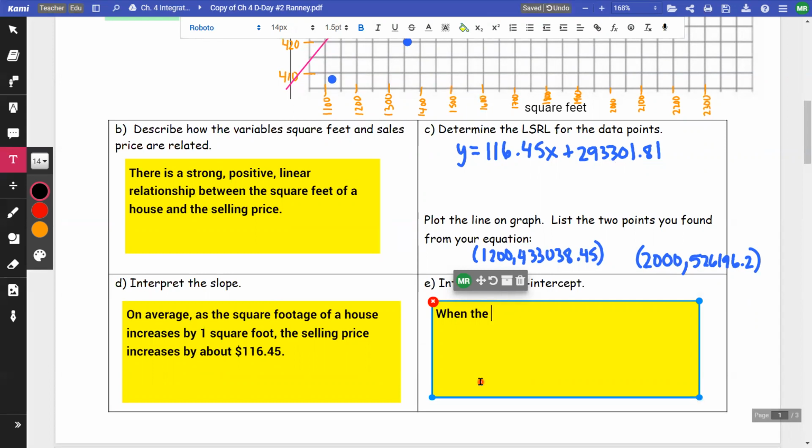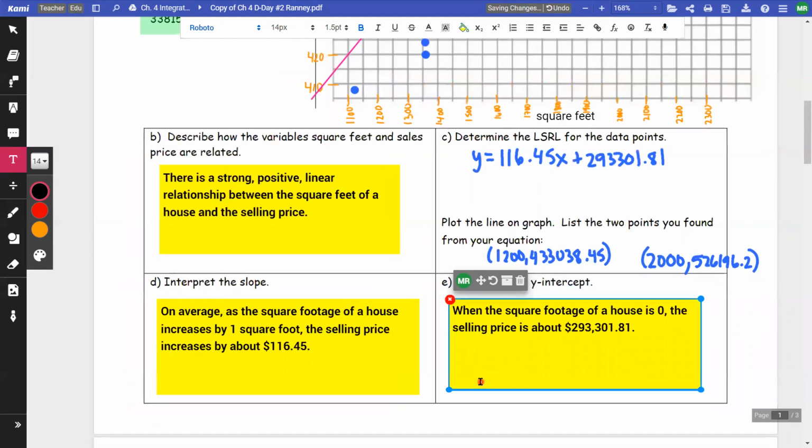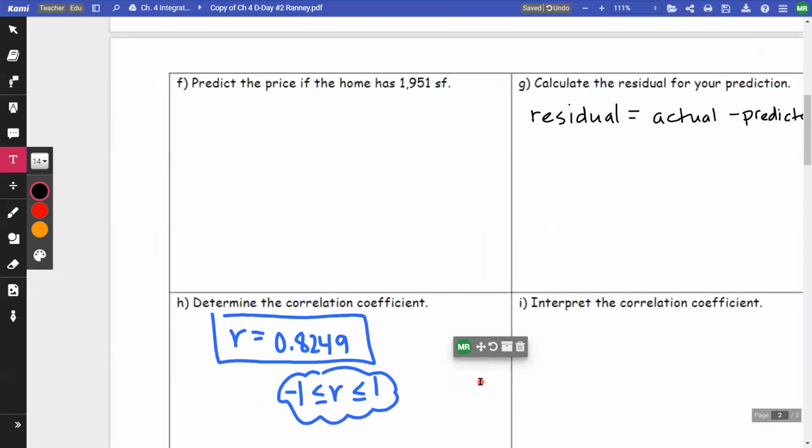So when the square footage of a house is 0, the selling price is about 293,301.81, and that's going to be your sentence frame.